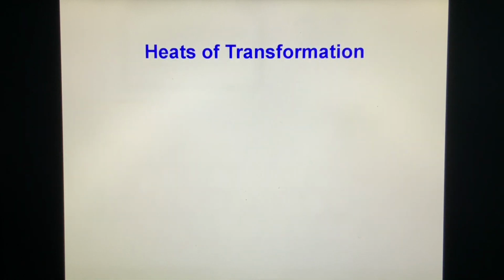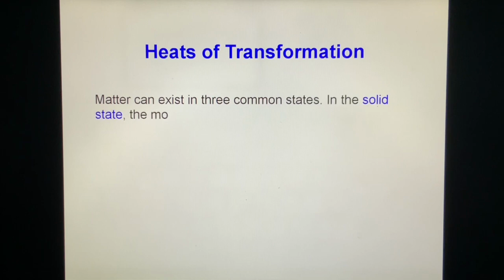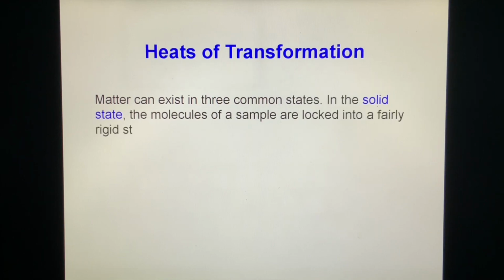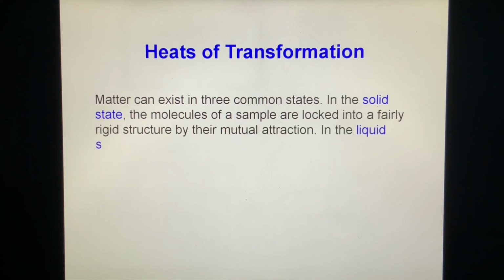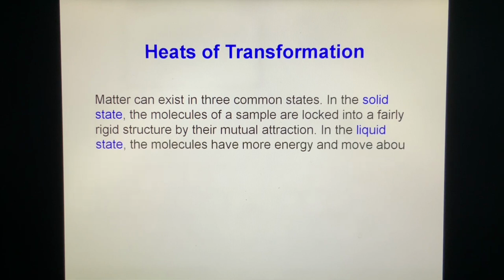Heats of transformation. Matter can exist in three common states. In the solid state, the molecules of the sample are locked into a fairly rigid structure by their mutual attraction. In the liquid state, the molecules have more energy and move about more.